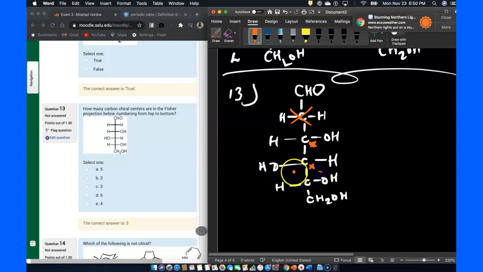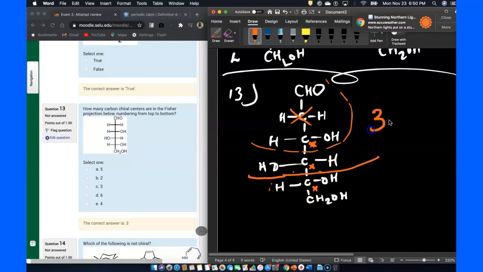And then you have this part right here, which is definitely different from the rest of the molecule. So that is another chiral center. And obviously down here, this carbon must be, because you have H and OH, which are different. You have CH2OH going up, and you don't have CH2OH on the other side, you have the rest of the big structure.